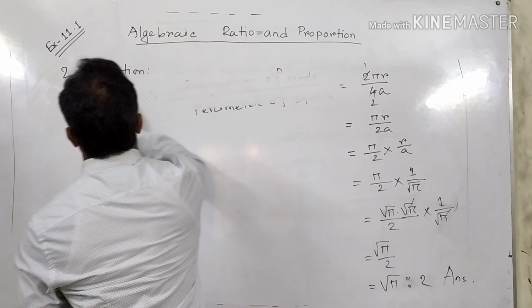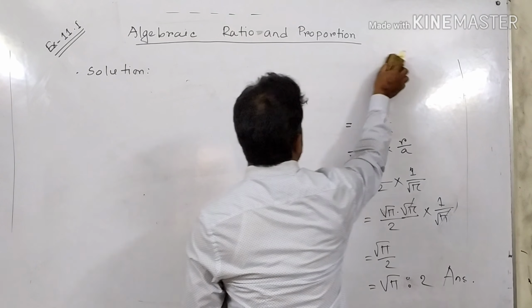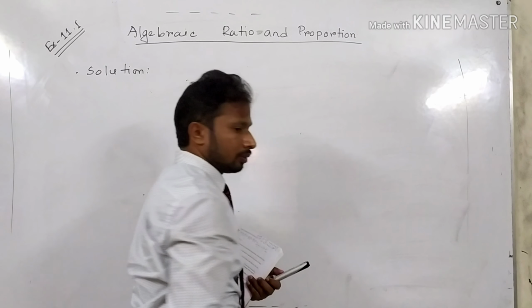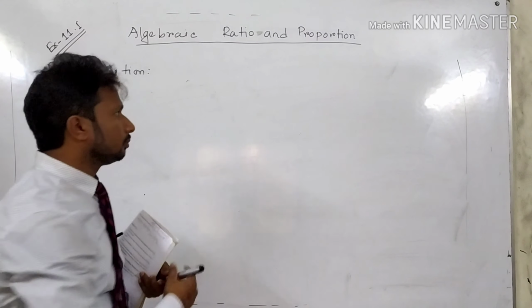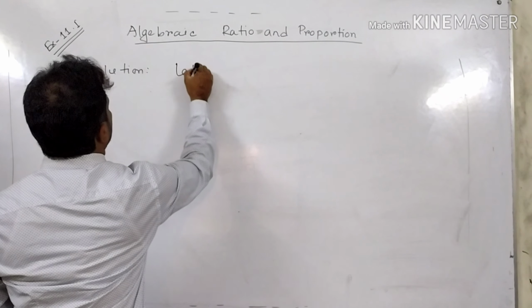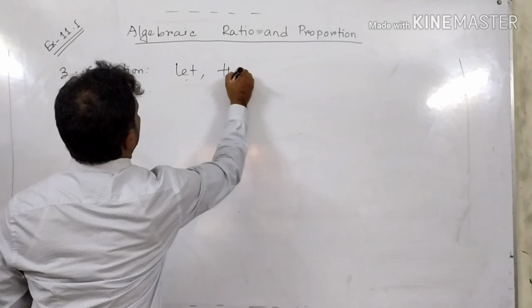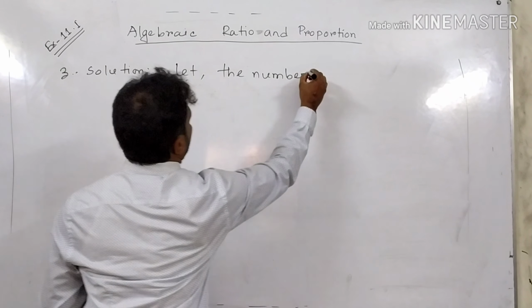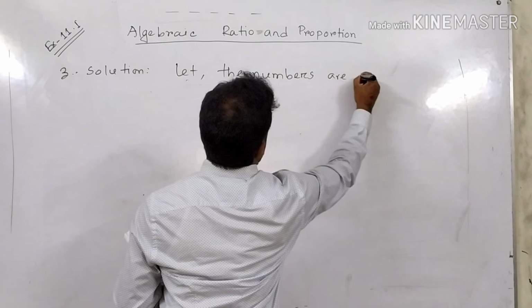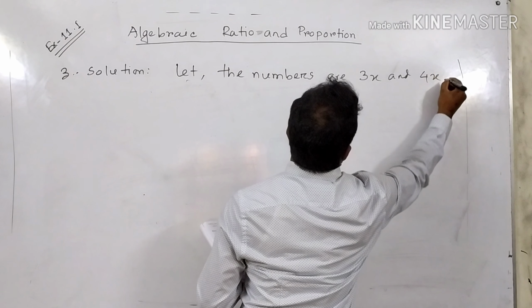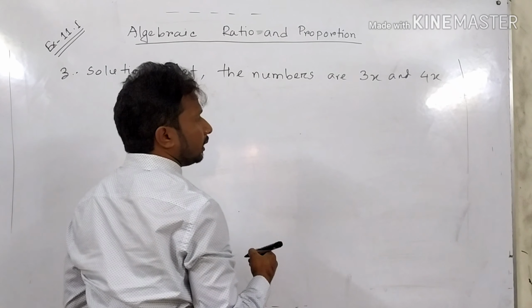In this way you consider. Let the numbers are 3x and 4x.